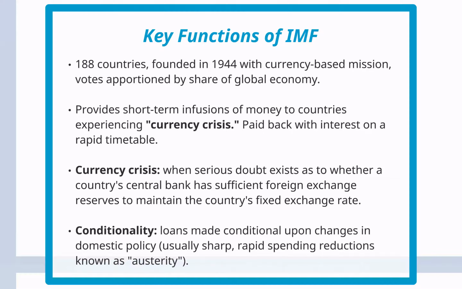Well, that means that if your country is in a currency crisis, you are shut off from 60% of the world's economic activity, right? The only thing that you have access to is what's available locally. You don't have access to the entirety of global trade. It's a terrible condition to be in.